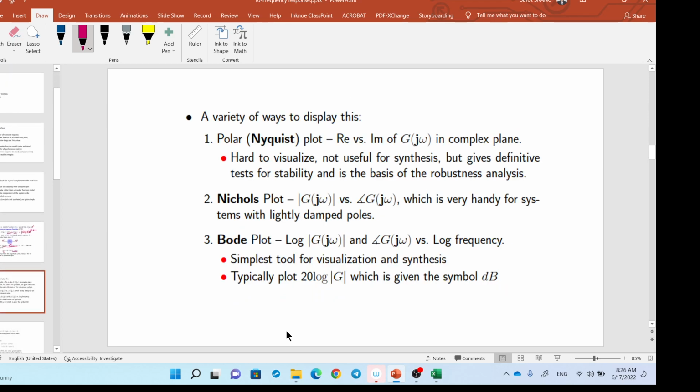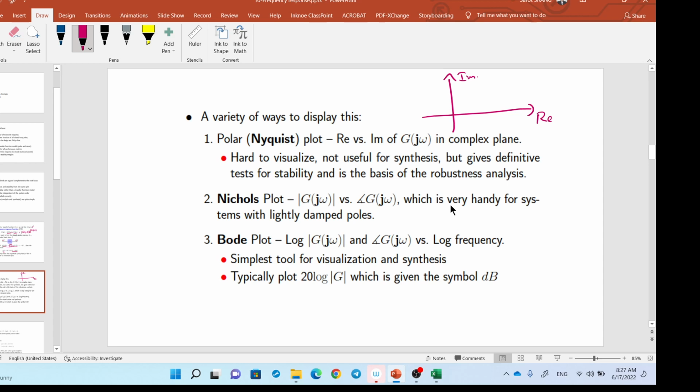And there are many ways to display this. First, the Nyquist method, Nyquist plot. It is a graph that shows the real axis versus imaginary axis of the complex number. Okay, so we just plot in the complex plane, and it's called Nyquist plot.